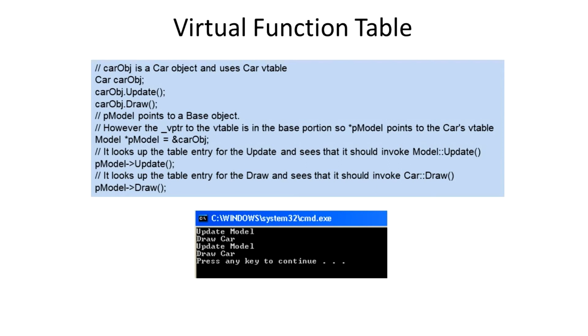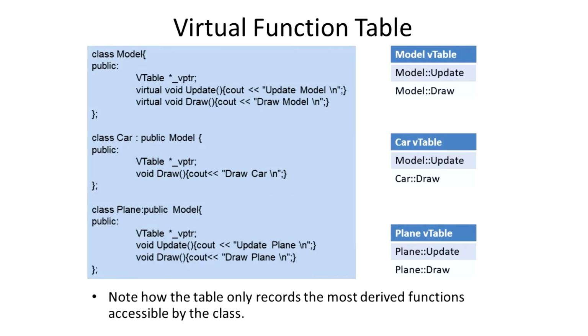So therefore, we work with the car's VTable, which, if we cast our eye back to the previous slide and have a look at the car VTable, notice there that we're inheriting the model's update because we're not specifying an overridden version of it, but we are overriding the draw function.